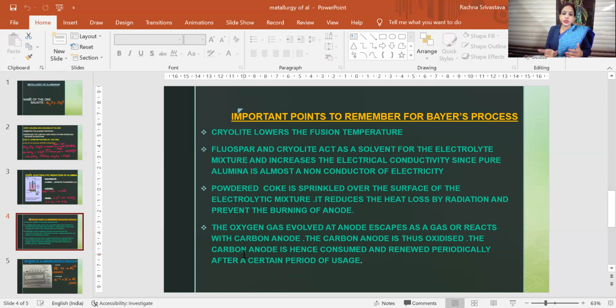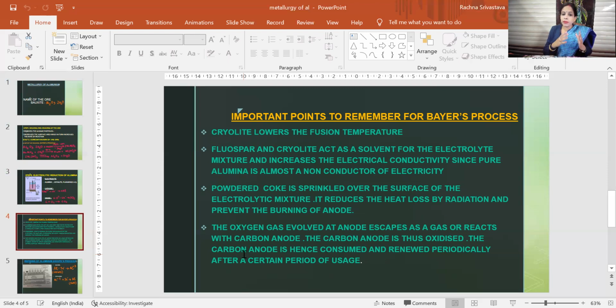The cartridge needs to be changed, otherwise it does not serve the purpose of purifying water. Similarly here also, in the metallurgy of aluminium, once the electrolytic process is carried out for a certain period of time, the carbon anode has to be replaced with a new one in order to carry on the rest of the process smoothly.